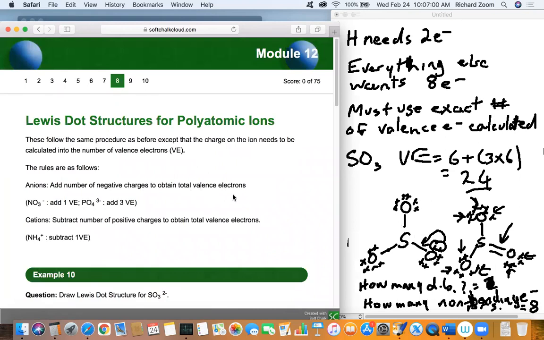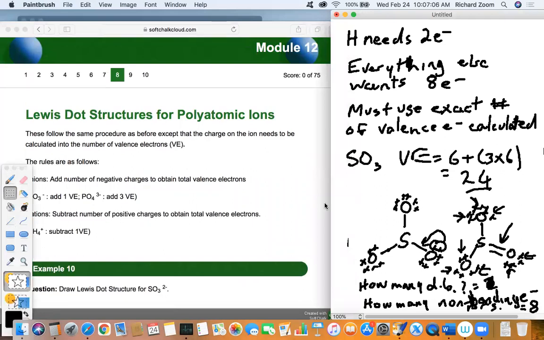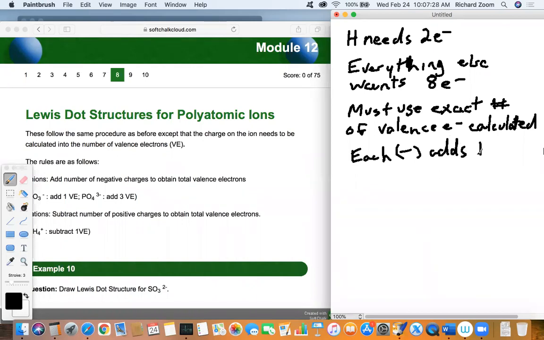So Joseph, to answer your other question, how do we deal with charges? Okay, so with charges, each negative charge adds a valence electron, and each positive charge takes away one valence electron.